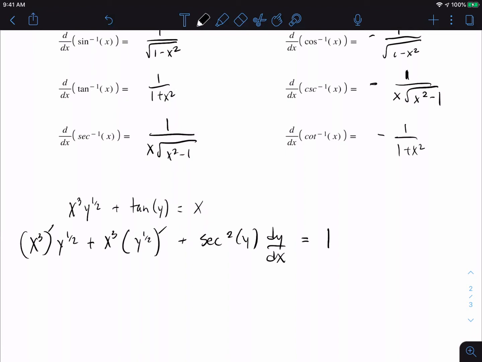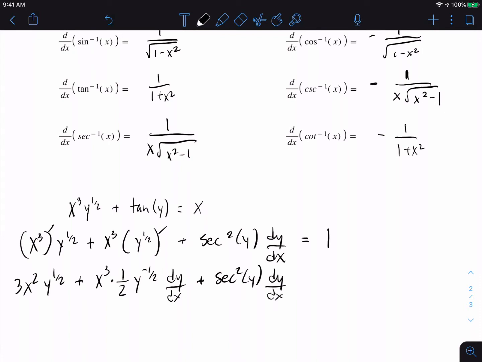Okay. By power rule, I'm going to get 3x squared y to the 1/2 power plus x cubed times 1/2 y to the negative 1/2 power dy dx plus secant squared y dy dx is equal to 1.